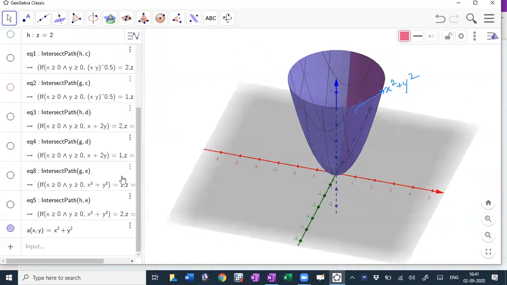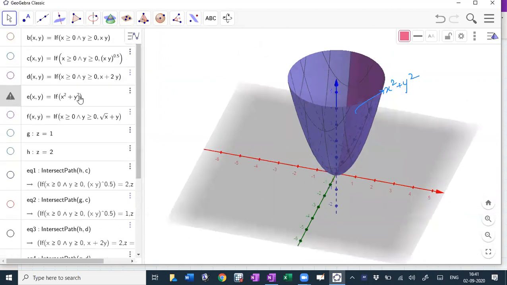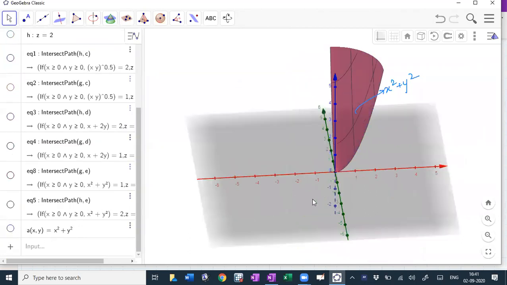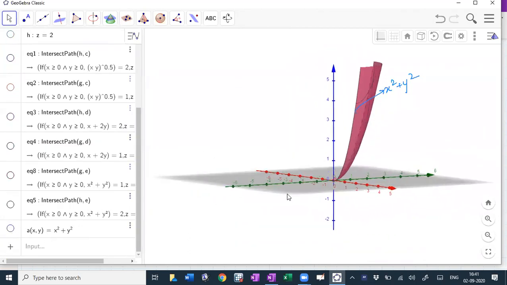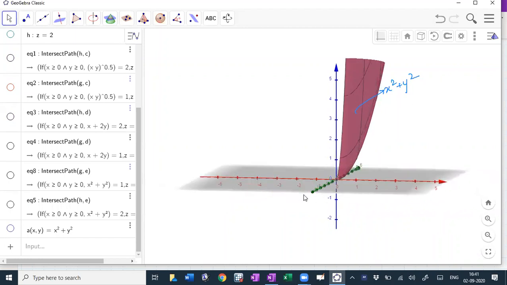I have restricted it to just the first quadrant, that's why we are only seeing one part of it. Let me put the restrictions back. All right, so we're just seeing that curved part of that cup.